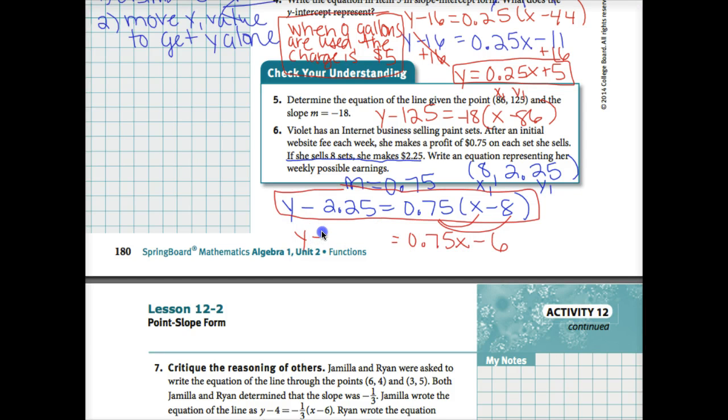Then over here I've got y minus 2.25. So if I want to get y alone, I add 2.25 to both sides. Now remember the 6 is negative. So I'm going to get 0.75x, negative 6 plus 2.25 is going to give me negative 3.75. So minus 3.75. This would be slope-intercept form. Again, we don't need it in slope-intercept form. I just wanted to give you one more example of that.